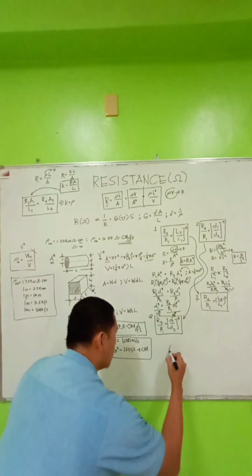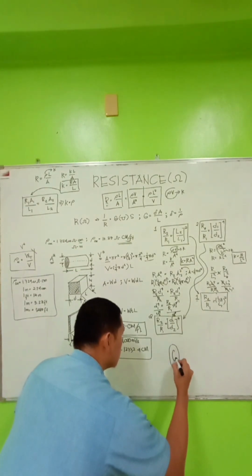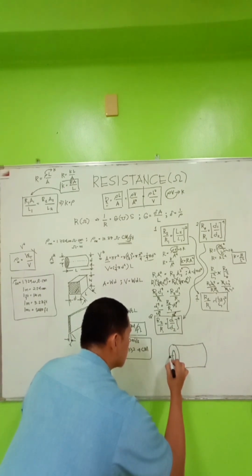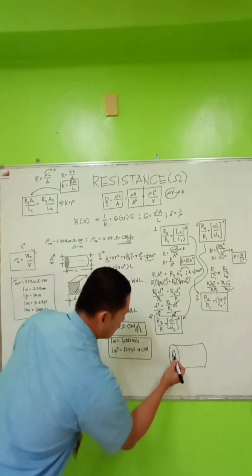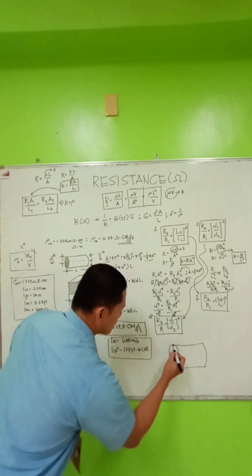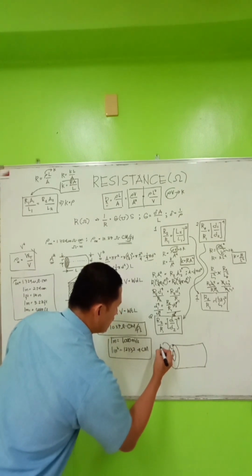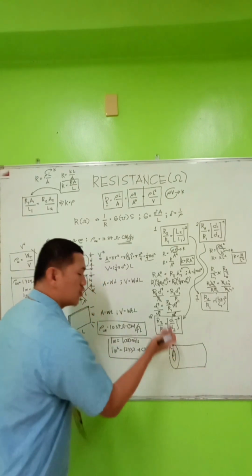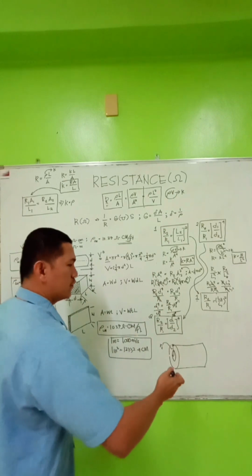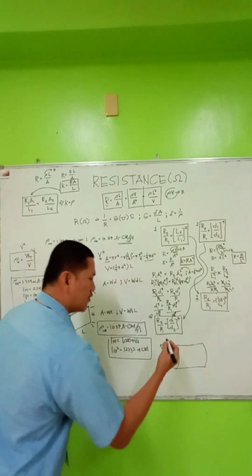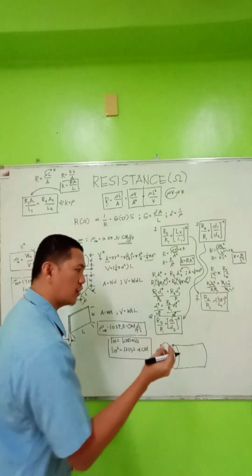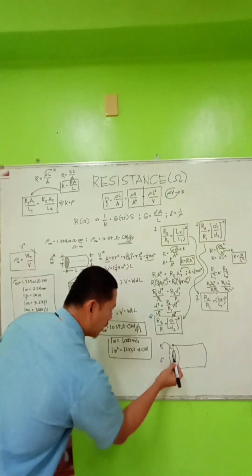So this is your radius 2, the radius from the center of the cable going to the skin of the cable. So that is your R2. And your R1 is the radius of the conductor inside the cable.